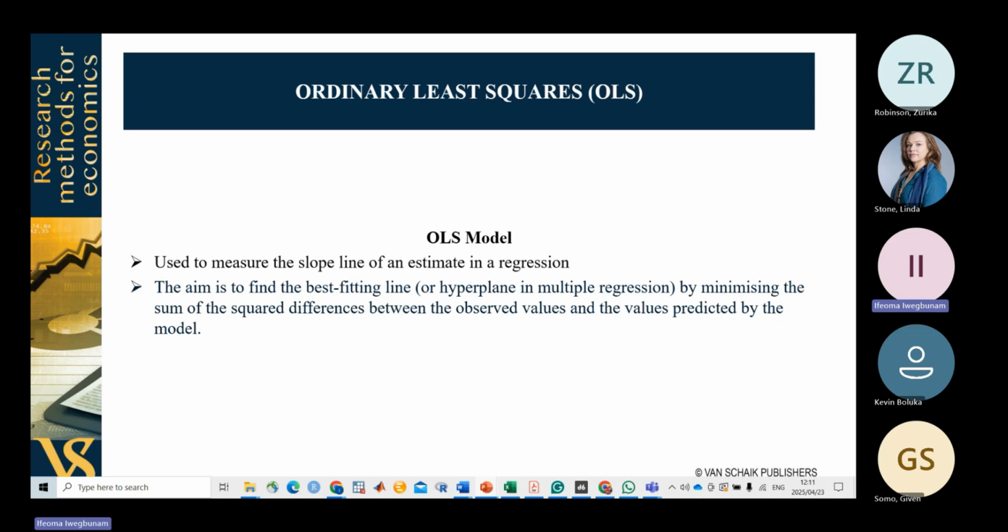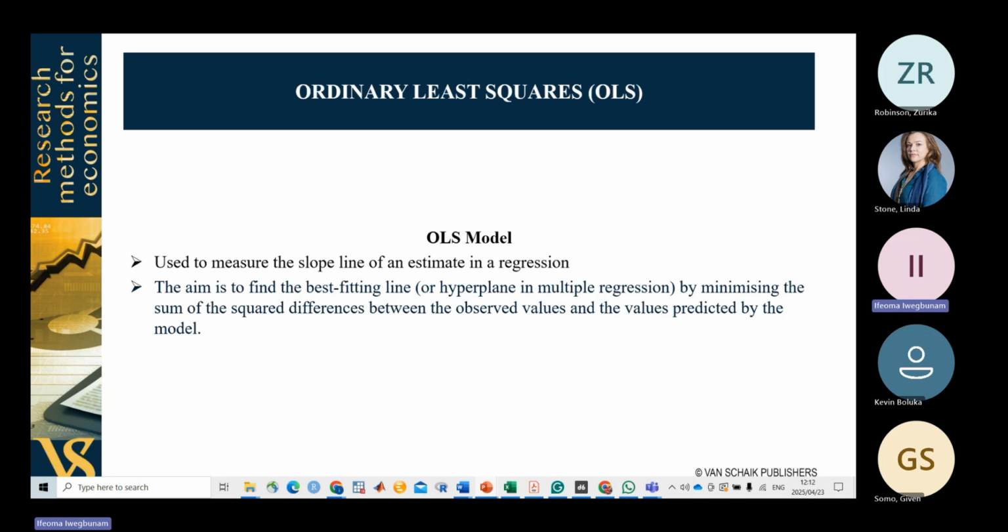Then to be able to measure the impacts of the variables, the dependent variable and the independent variable, we use the OLS model. It is a regression analysis that can be employed, especially when we have our data. It helps us to check whether there is a relationship between the variables and by how much, but most importantly, it also helps us to measure the slope of the line of an estimate in a regression.